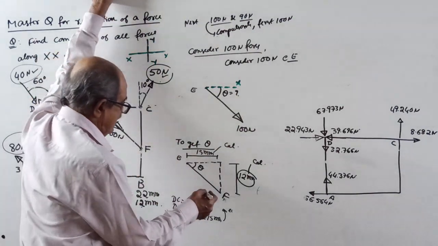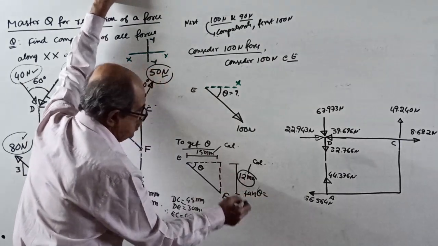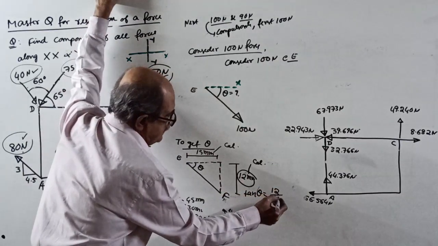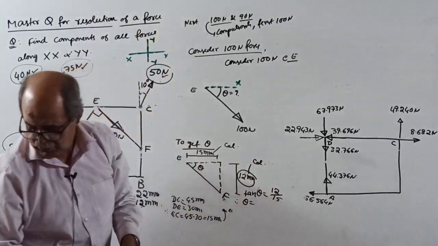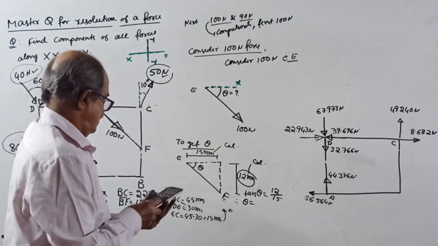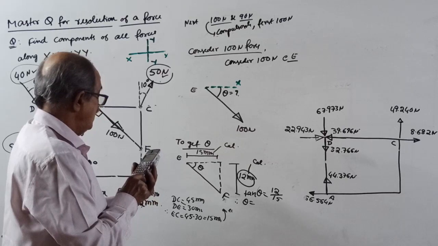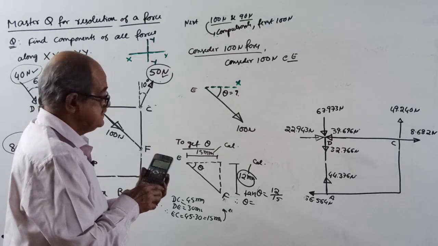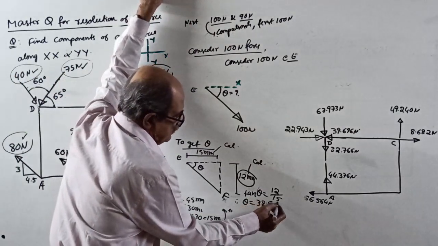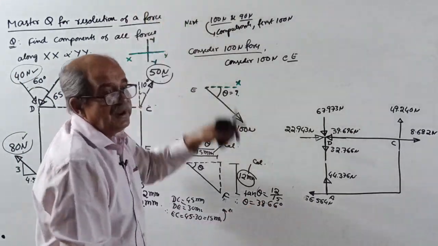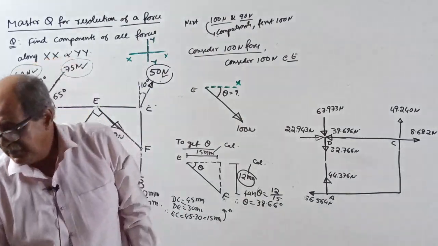Okay, now get it. Now your tan theta equal to 12 by 15. Therefore, your theta equal to 12 by 15, shift tan inverse, answer 38.660 degrees. 38.6598, which is 38.660 degrees.